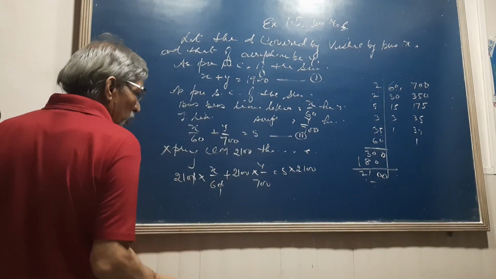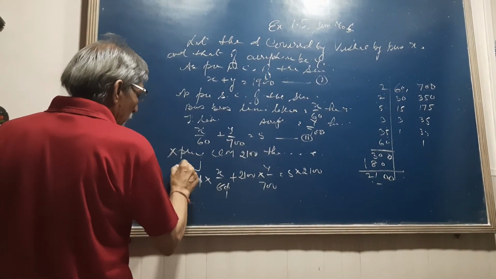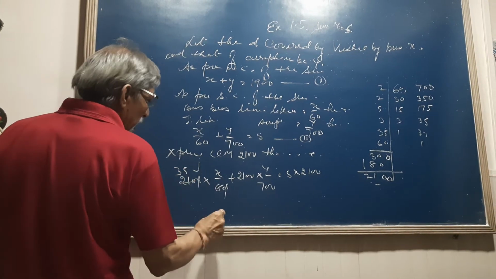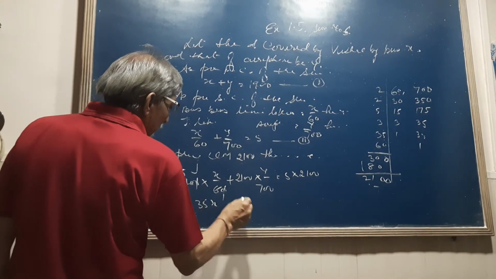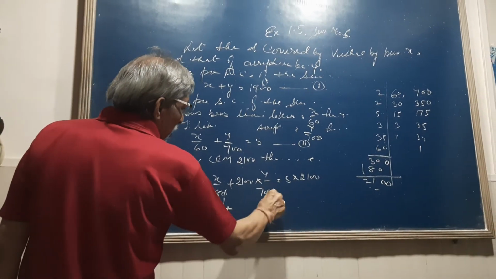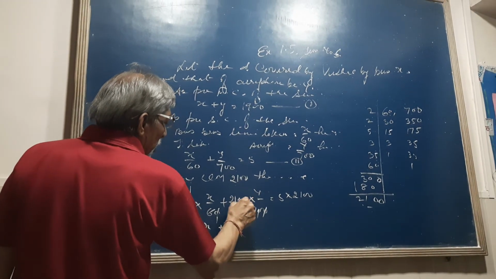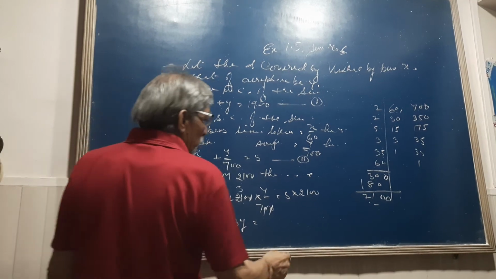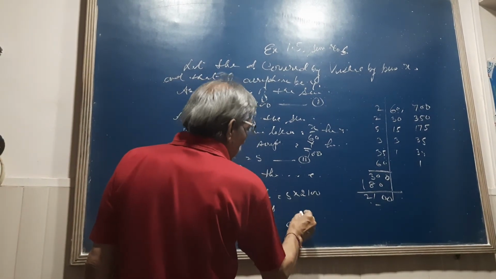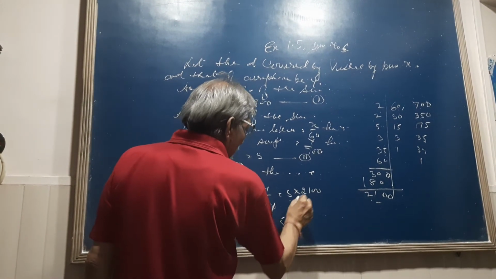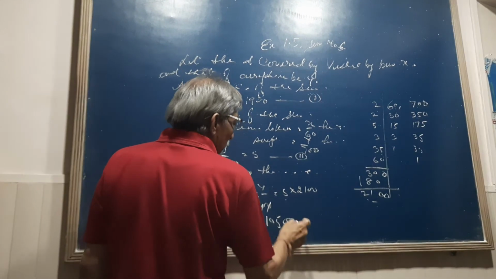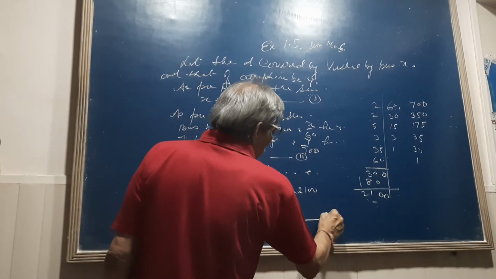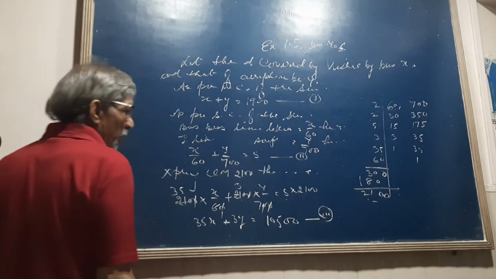This zero cancels by this zero. 6 threes are 18, 6 fives are 35, so 35X plus 3Y is equal to 10,500. This is equation number 3.